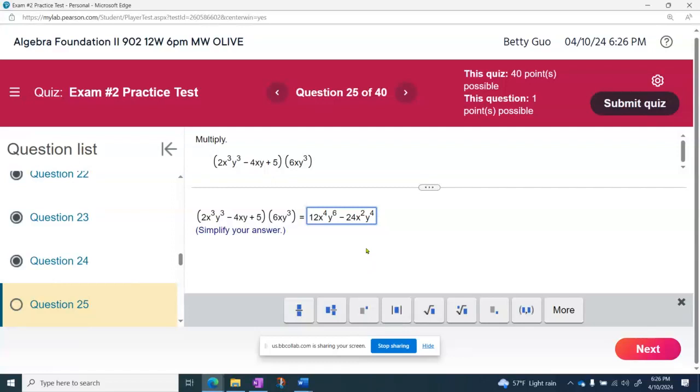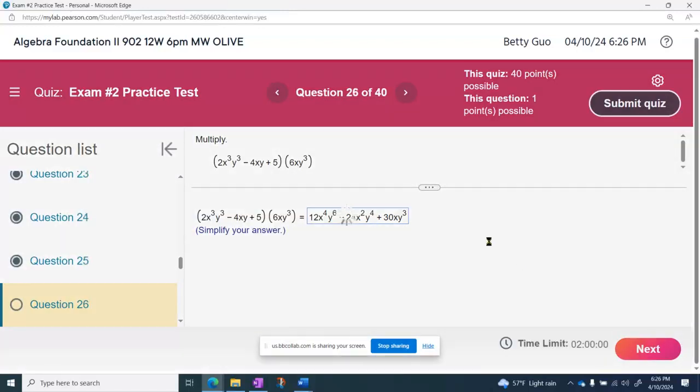And the last term is plus 30xy cubed. All right, double check it before you submit. We are taking time, so we should watch that we don't run out of time. 12x to the fourth y to the sixth minus 24x squared y to the fourth plus 30xy cubed.